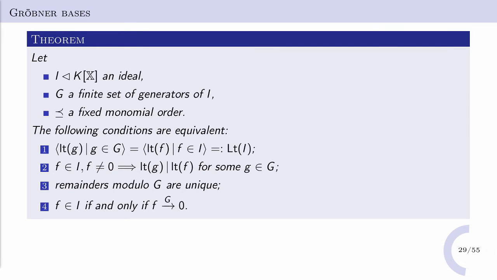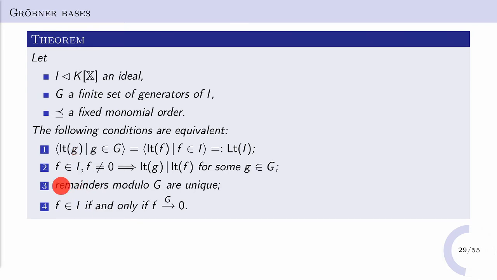In order to provide a precise definition of a Grobner basis, let us consider the following theorem. So we have an ideal and some system of generators of this ideal, and we have some fixed monomial order. Then the following four conditions are equivalent.